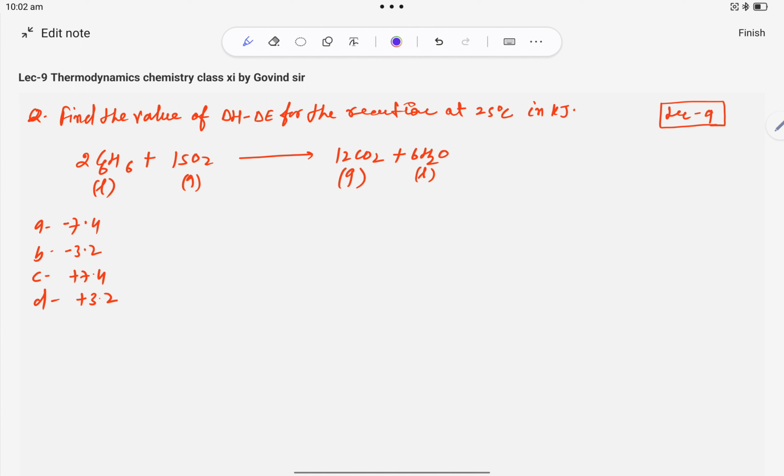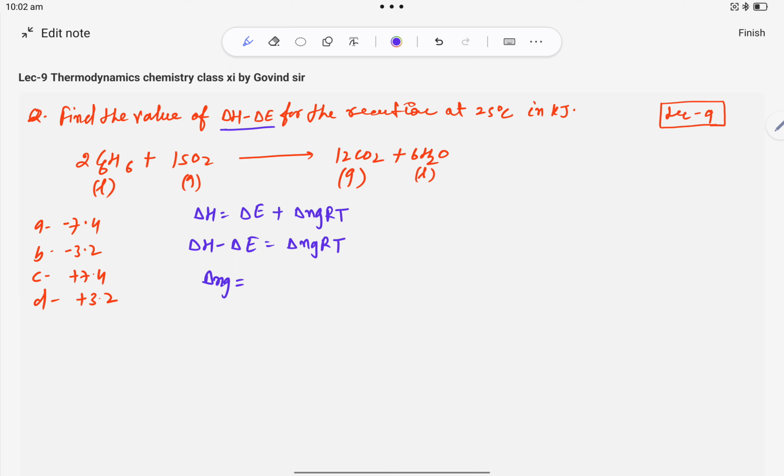They are asking the value of delta H minus delta E. So what relation we know, that delta H is equal to delta E plus delta NgRT. So from here, delta H minus delta E is equal to delta NgRT. So how to find delta Ng? Delta Ng is equal to gaseous substances of product minus reactant.